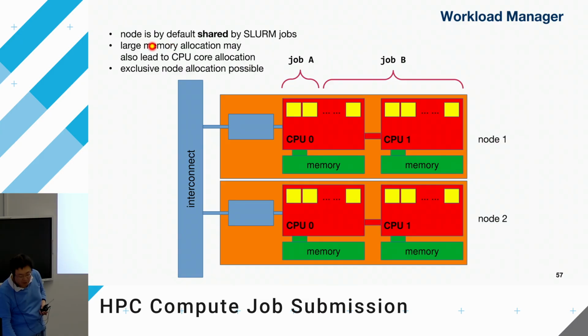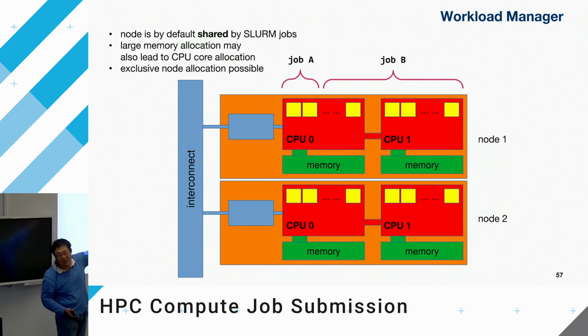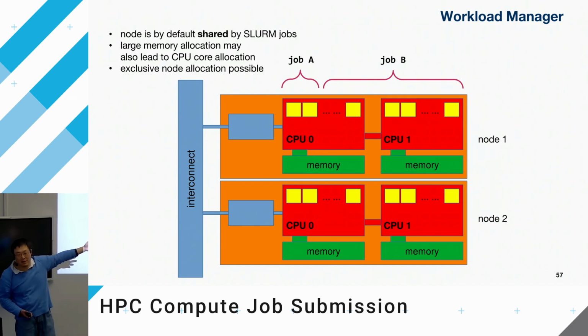So first of all, a node is used by default in the so-called shared mode, which means multiple jobs, like job A and job B, may run on the same compute node at the same time. This maximizes, let's say, the utilization of computing resources, right?